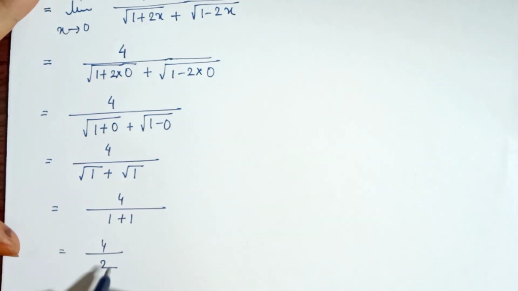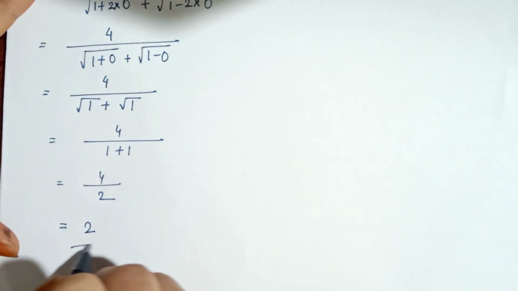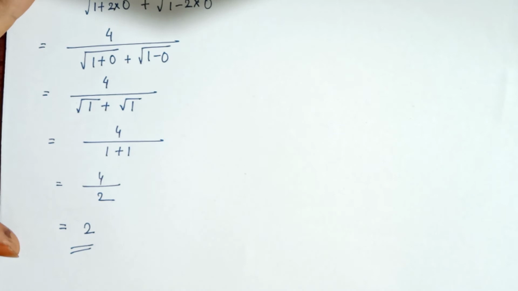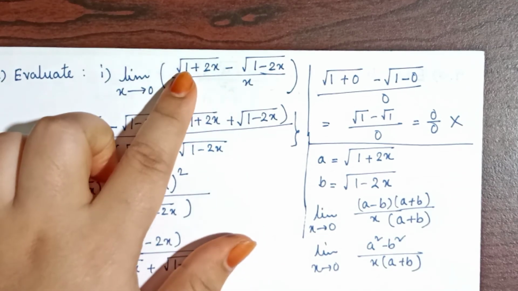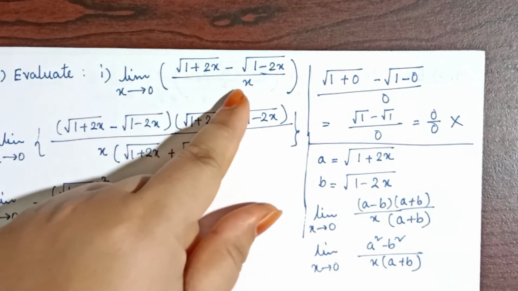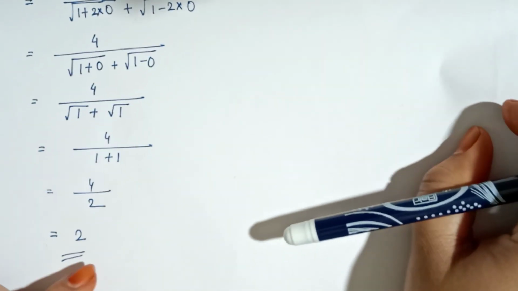So 4 divided by 2. So now we get the value which is equal to 2. So the answer of this question, limit x tends to 0 root over 1 plus 2x minus root over 1 minus 2x divided by x, the answer is equal to 2.